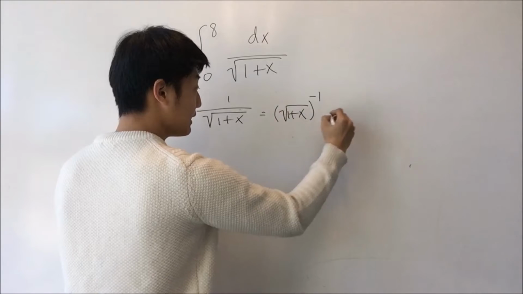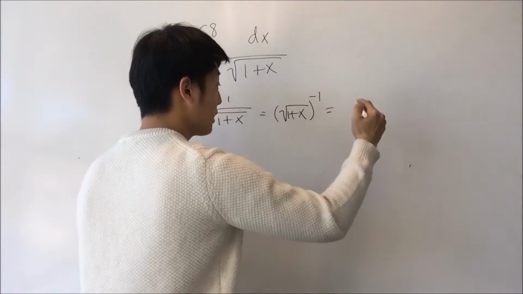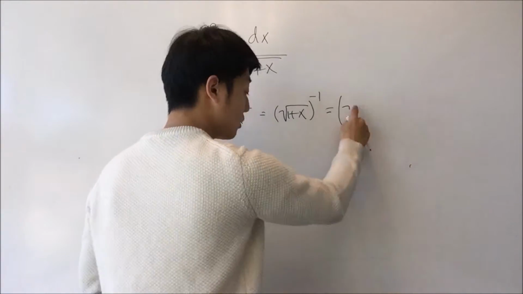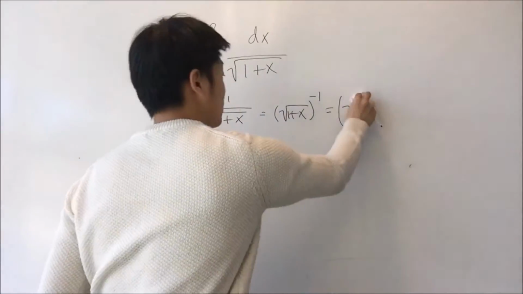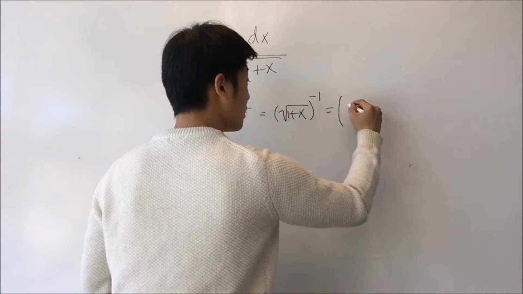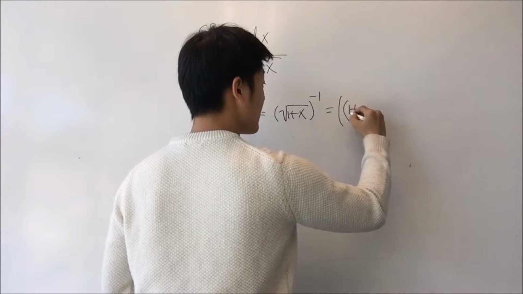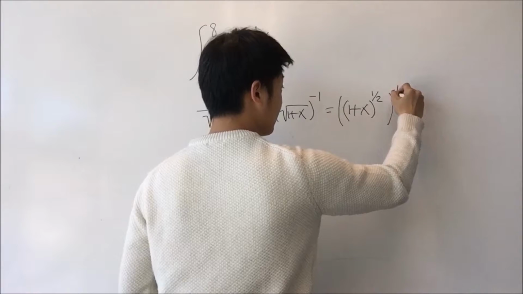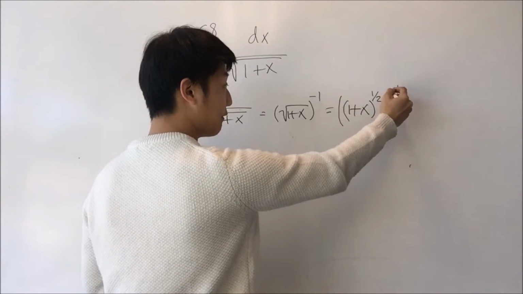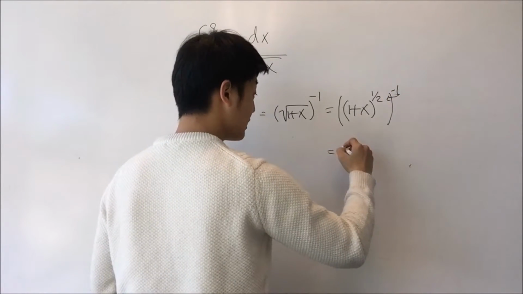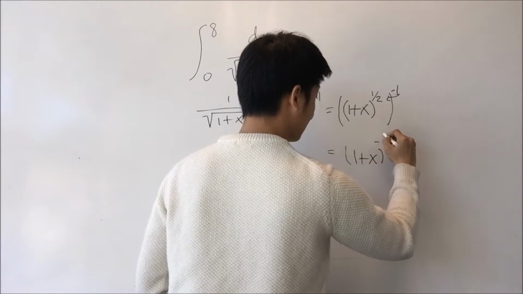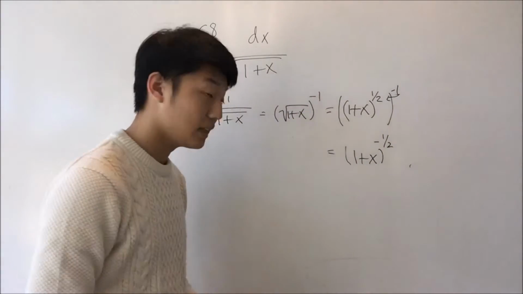And lastly, this will become 1 plus x to the 1/2 to the negative 1. And again, if we do the multiplication, it will become 1 plus x to the negative 1/2.